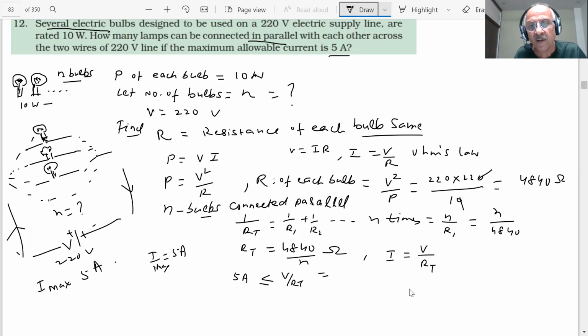What is V? 220 divided by 4840 by n. Then what will you get? 5 is less than or equal to n into 220 by 4840.